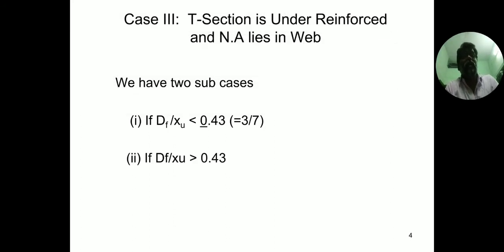Next, df must be more than 3 by 7 xu, or df by xu is more than 0.43 or 3 by 7.